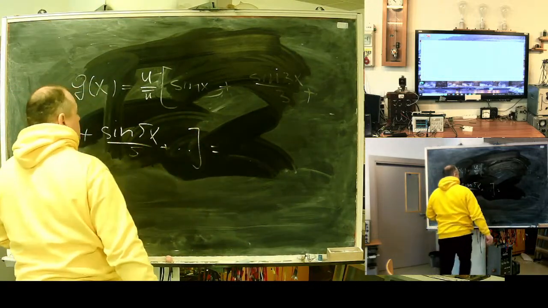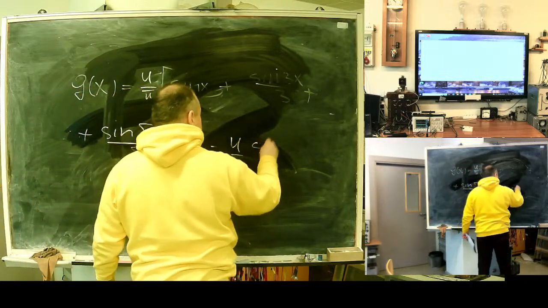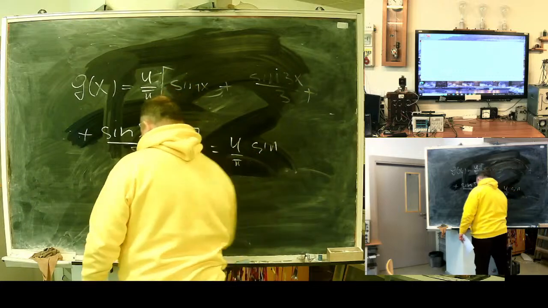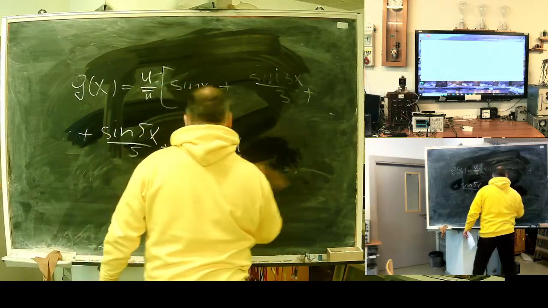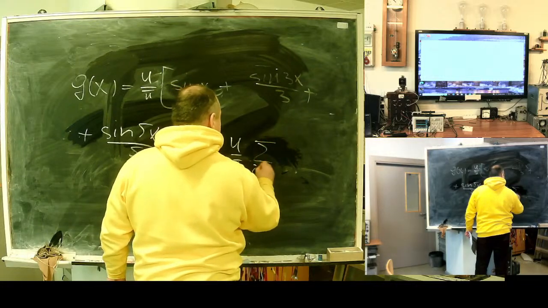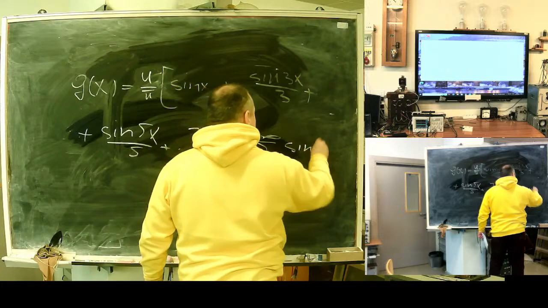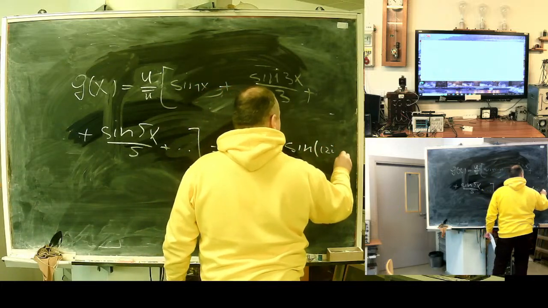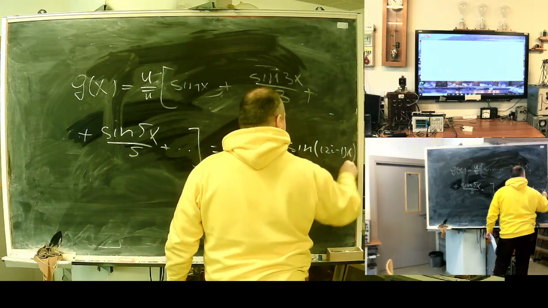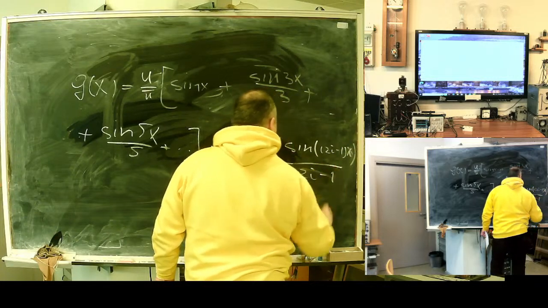So it equals 4 divided by pi times the sum, where i changes from 1 to infinity, of sine (2i minus 1)x divided by (2i minus 1).